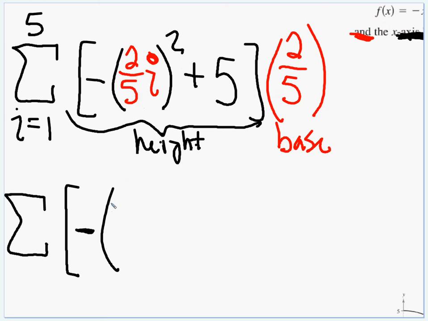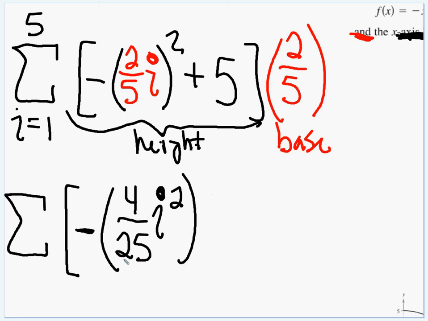When we square 2/5, we get 4 over 25. And then when we square the I, we get I squared. Don't think imaginary numbers. So that's our 4/25 I squared. And remember, it is negative. And then we have our plus 5.